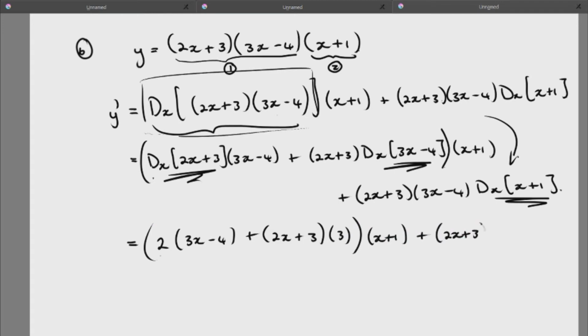2x plus 3 gets copied, 3x minus 4 gets copied, times what? Sorry, maybe that wasn't clear of this question. Times what? Not 0. Some of it's 0.